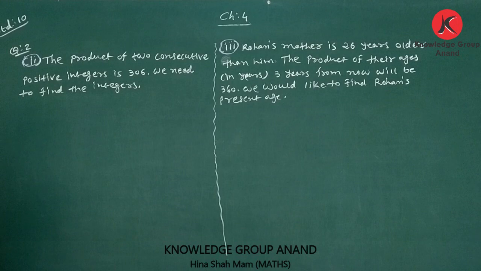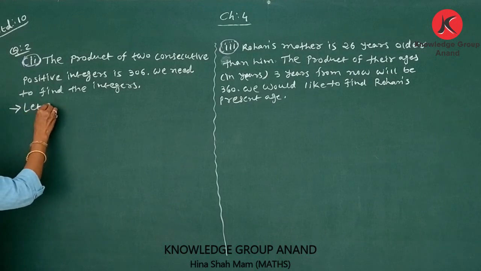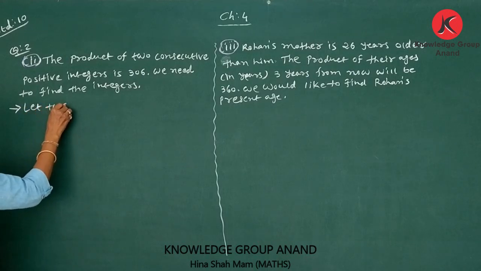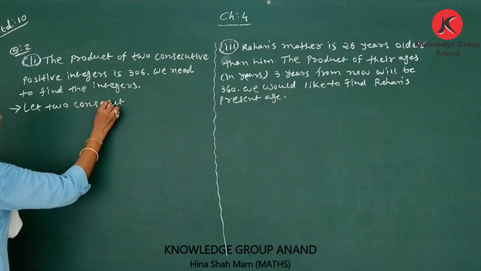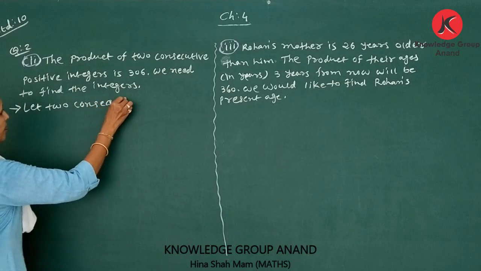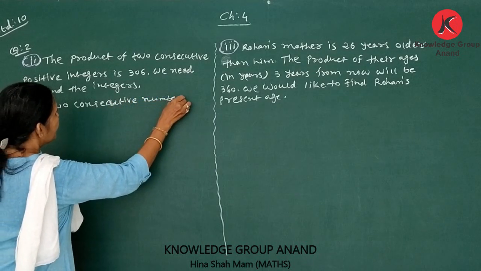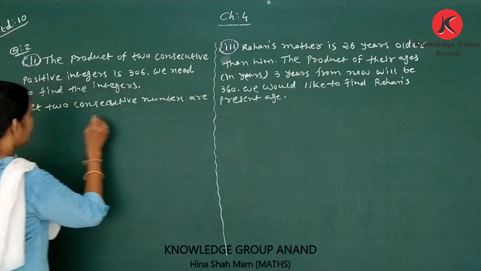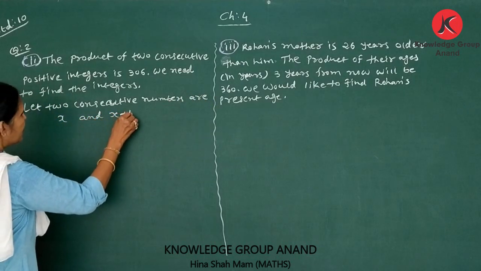The product is 306. First, let the two consecutive numbers be x and x plus 1.